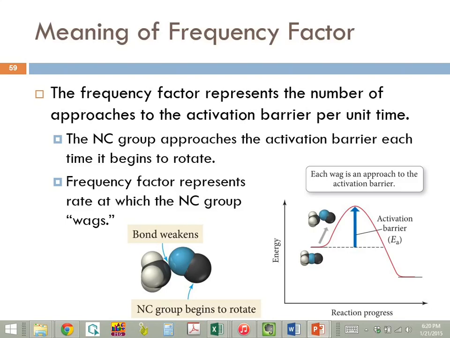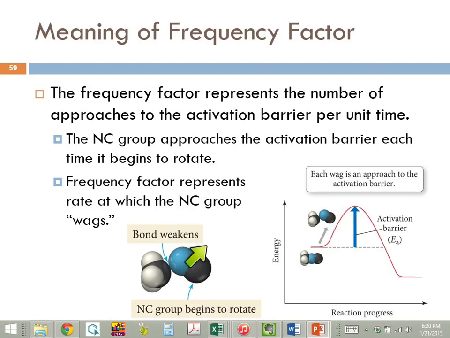The frequency factor, like I mentioned, is the number of times that the molecule approaches the activation barrier in a given amount of time. So we can think of it this way, that nitrogen-carbon group approaches the activation barrier each time it begins to rotate. So you could think of this a little bit like a tail on a dog, and it's going to move back and forth.